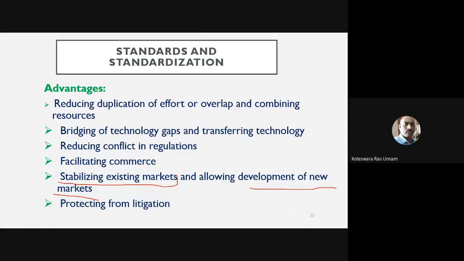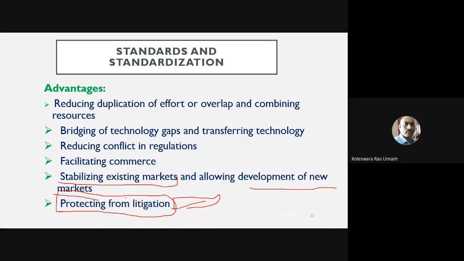Okay. So then protecting from the litigation. That means suppose you follow certain standards, then you don't have any legal issue with your component. You can produce and you can sell anywhere else. Since you are following the standards, if I follow an international standard, I can sell my component anywhere. So I don't have any legal litigation because I am following the universal or international standards.